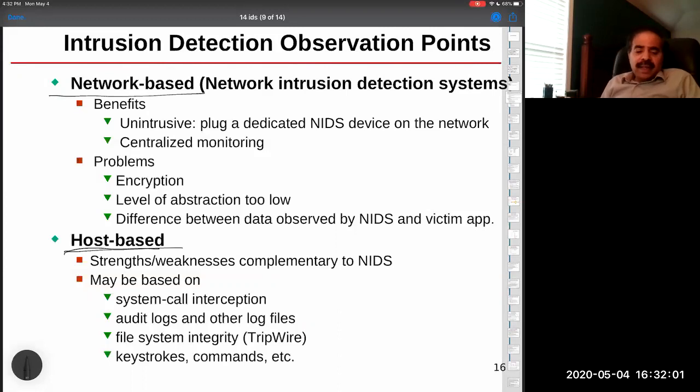Observing at the network layer is very convenient because you can just plug an intrusion detection device into your network, and it can monitor all the activities on the network and trigger alarms and whatnot. So the deployment becomes really easy and unintrusive.